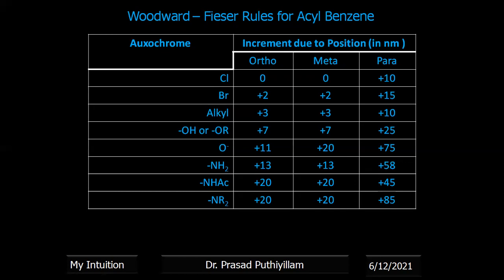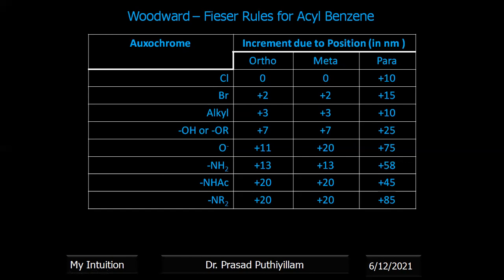If the increment is due to an auxochrome or substituent at the ortho position, if it is chlorine, it is 0, and plus 10 at the para position. If chlorine is present at the ortho position, there is no need to add any value. If chlorine is present at the meta position also, there is no need to add any increment in nanometer while predicting the lambda maximum.